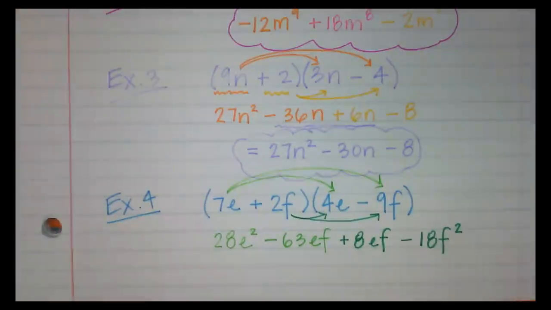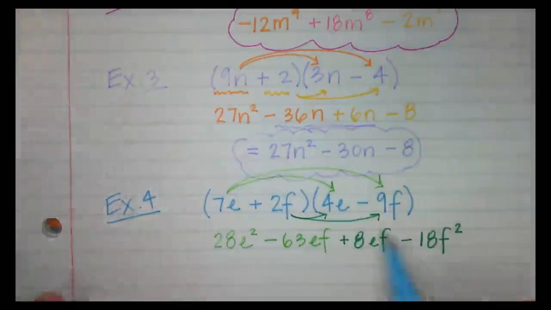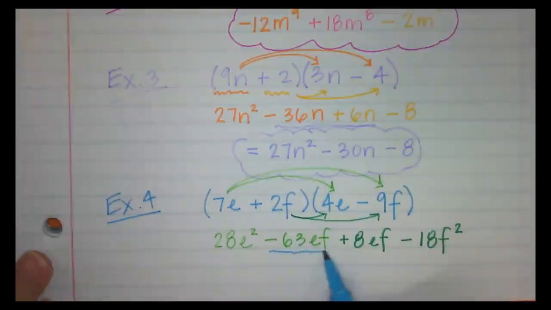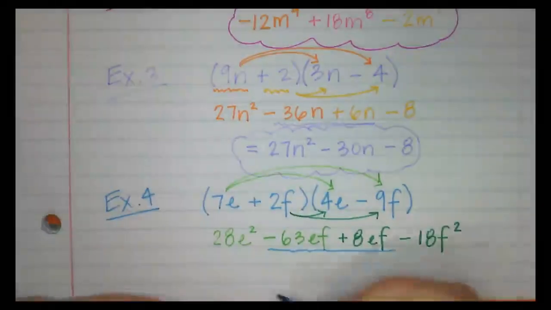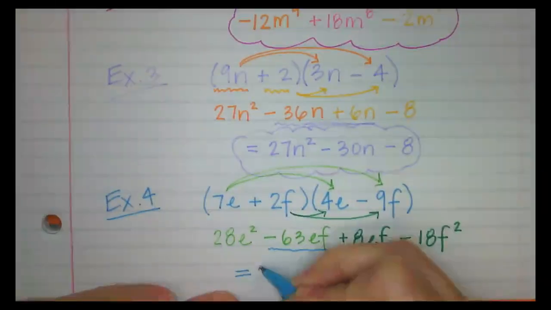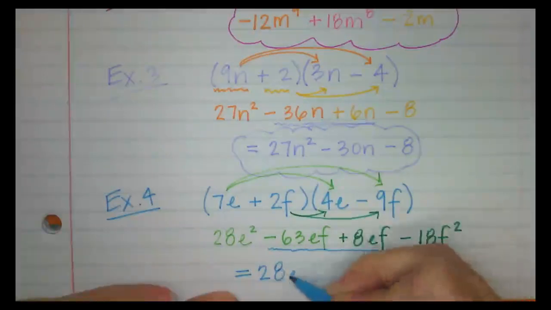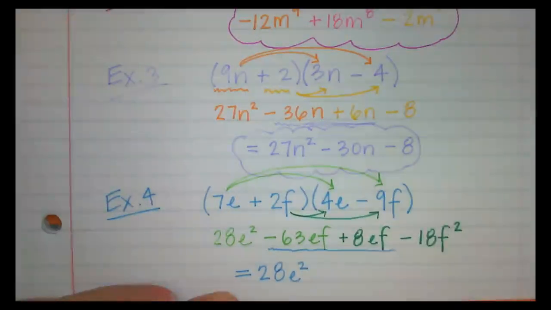All right. Now, last thing I need to do is look for like terms. And here I have like terms right there in the middle. So, my final answer is going to be 28e squared.